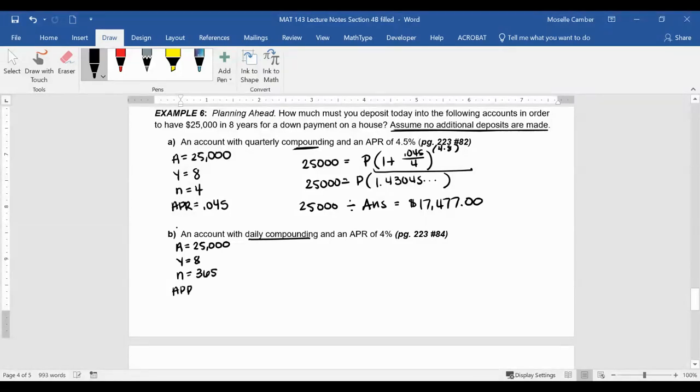And my APR now is 4%, so 0.04. So now my A is going to equal my P times 1 plus my rate divided by my N, raised to the N times Y. Again, we're going to do this first.